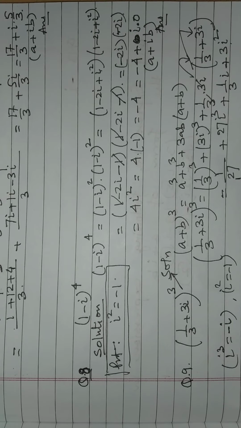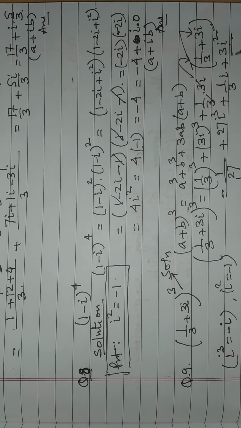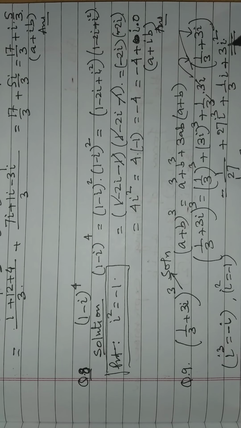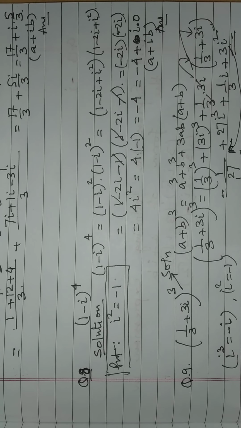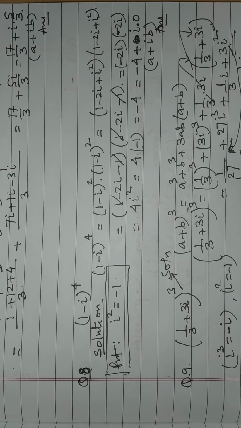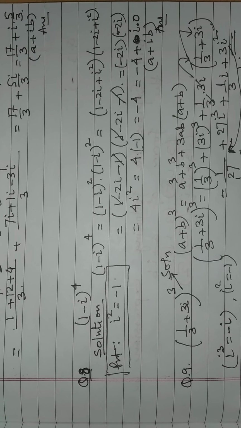So here 1/27, and if we substitute minus 1 in place of i square, it will become minus 3, and 27 into minus i, and this is 1/3 i. So in the real part, the LCM is 27, so 1 minus 27 into 3, so it is 81.